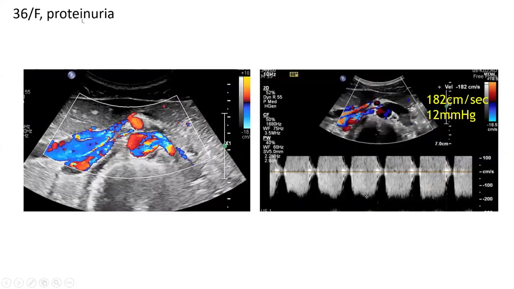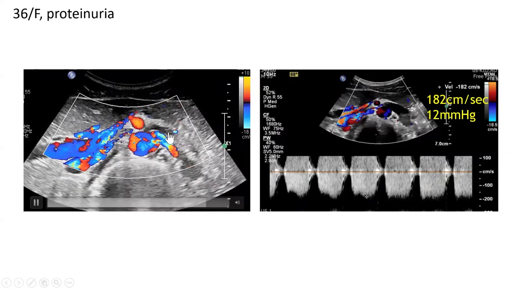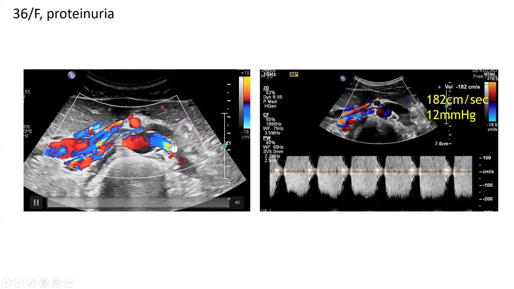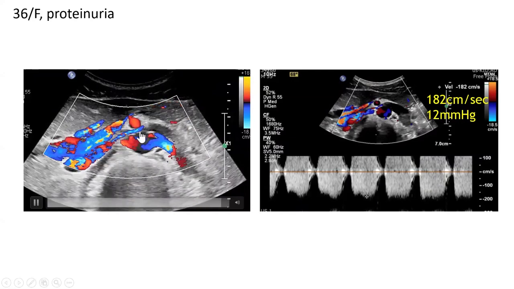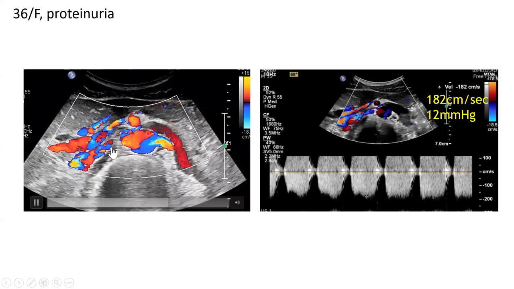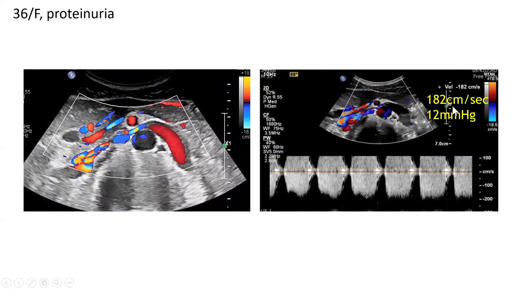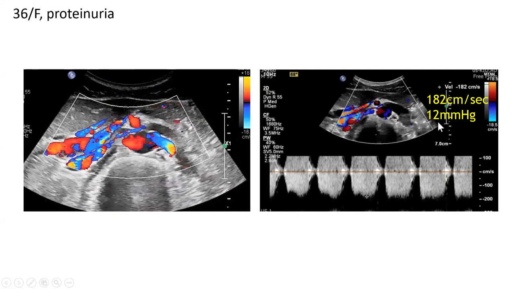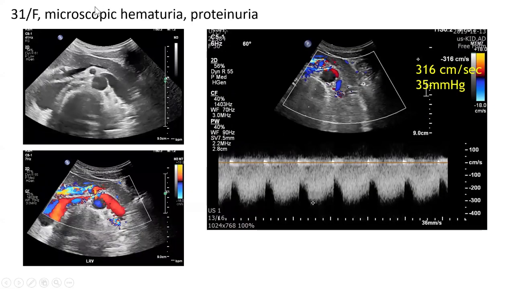Another patient, a young woman with proteinuria. Similarly, we can see very sluggish flow in this dilated hilar left renal vein and very fast flow here in the aortomesenteric left renal vein, and the velocity was 182. The theoretical pressure gradient was 12 millimeters mercury.